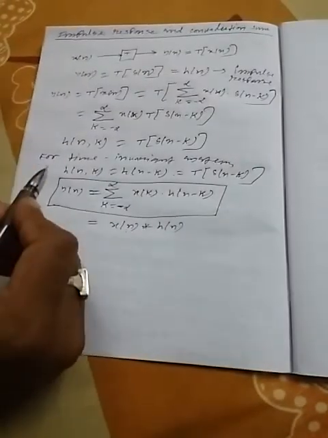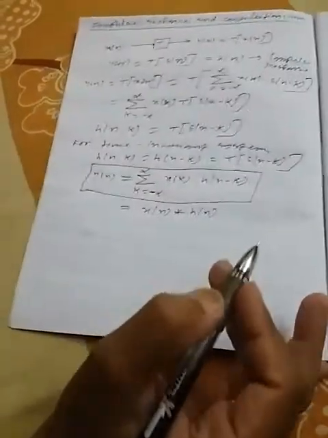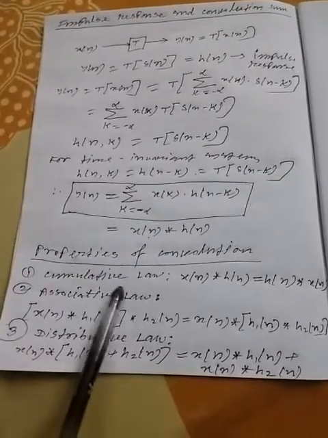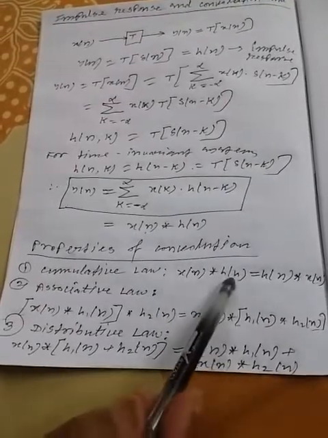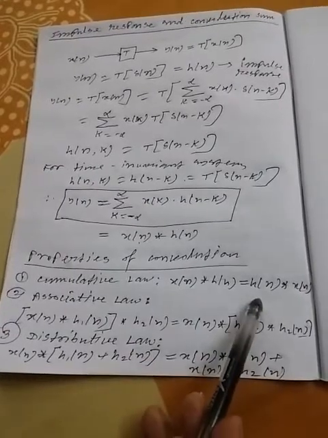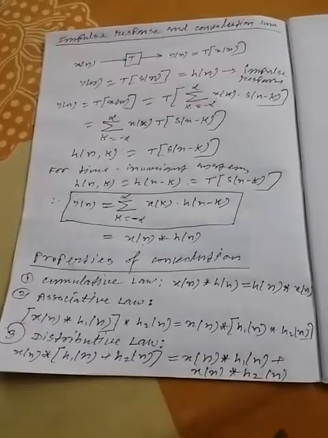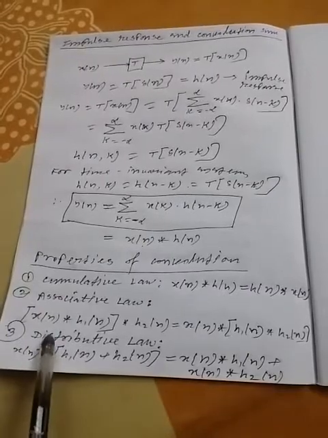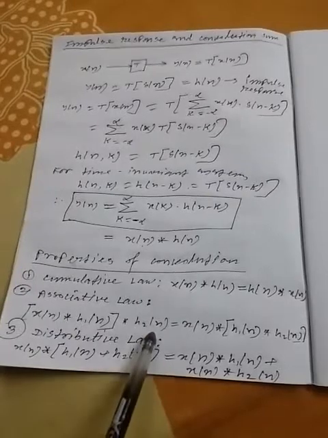So it has some properties. The properties of convolution are: first, commutative law. If two sequences are x[n] and h[n], then x[n] convolution h[n] equals h[n] convolution x[n]. So this property is called commutative property. Now associative law states that there are three sequences x[n], h1[n] and h2[n].